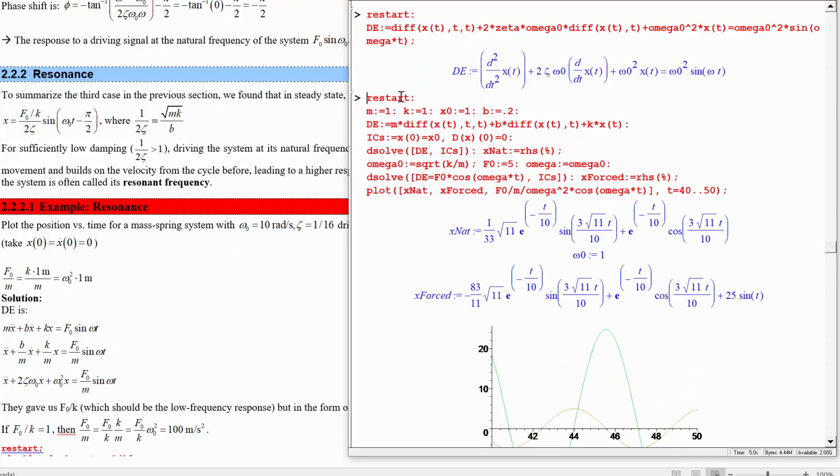Let's see. Okay. Acceleration, 2 zeta omega naught velocity, omega naught squared position is omega naught squared times 1 sine of omega t. Okay, so that looks good.